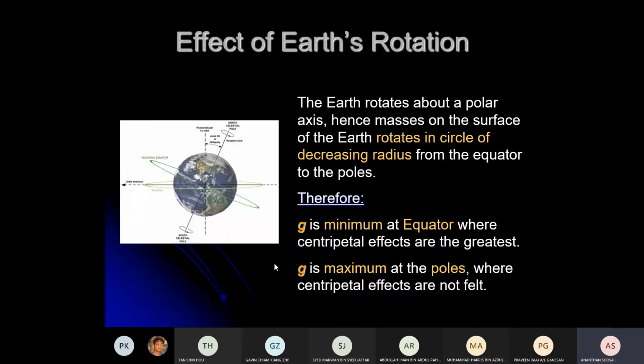Don't care about the elliptical shape yet. Even if it's a perfectly spherical planet and it rotates, the gravity is going to drop. You get lighter actually. You won't get heavier. Sorry, what I'm saying is: when the Earth stops rotating, you get heavier.